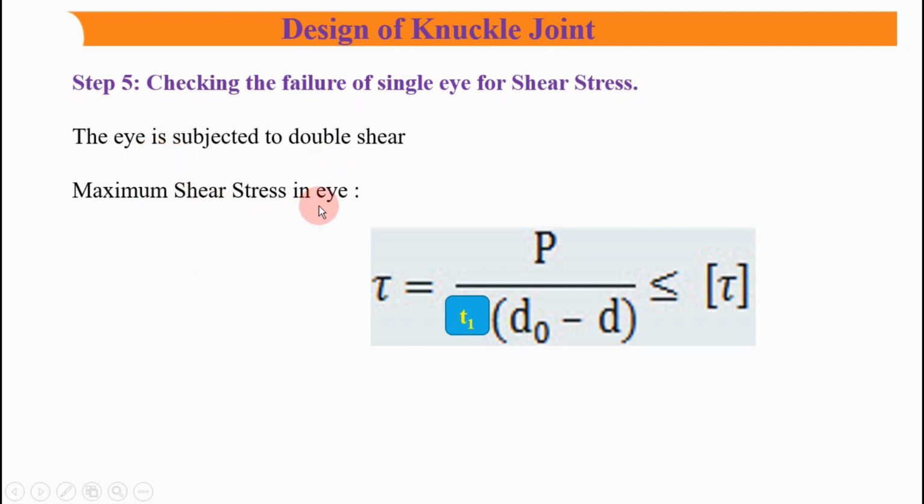So the maximum shear stress in the eye is tau equal to P divided by T1 into DO minus D, and that should be less than or equal to the allowable or permissible shear stress. If you satisfy this condition, then the single eye is safe in shear failure.